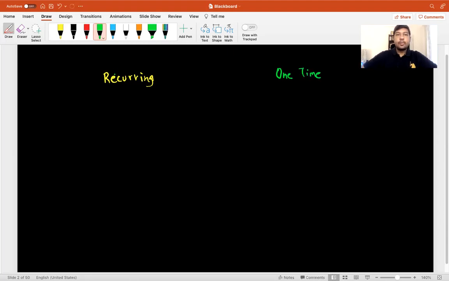So depending upon the nature of the cash flow, your N will be dependent on that. So in case of the cash flow being recurring, N will be the number of payments or cash flows.